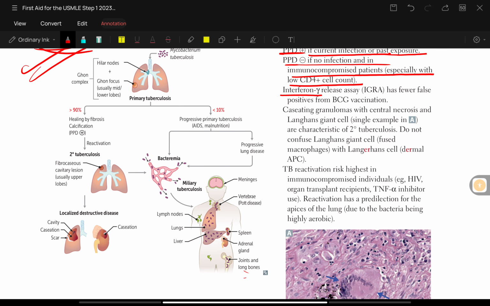Now interferon gamma release assay, that is IGRA, has fewer false positives from BCG vaccinations.